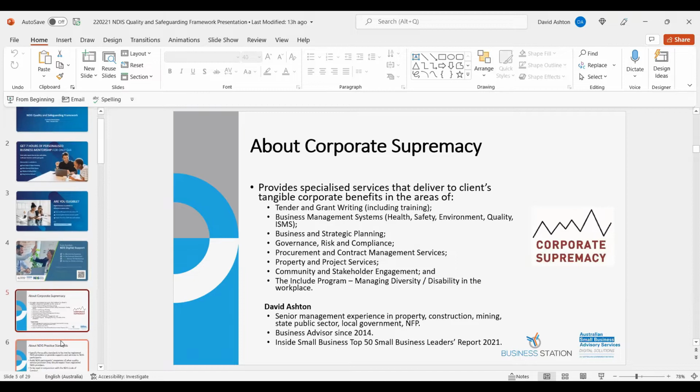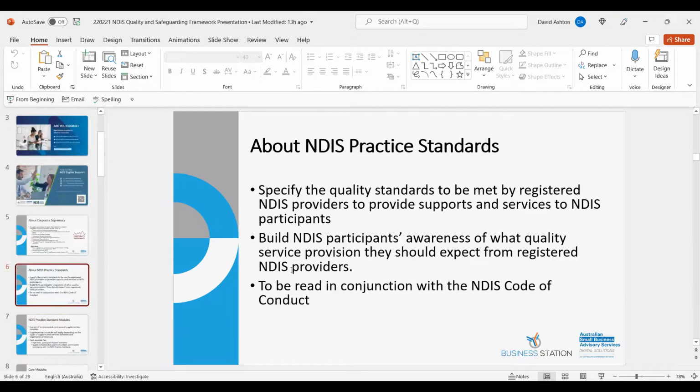So let's make a start then. The NDIS practice standards are about quality management, the quality of service that you're going to provide to your client or the participant. So you need to demonstrate the quality aspect of it.